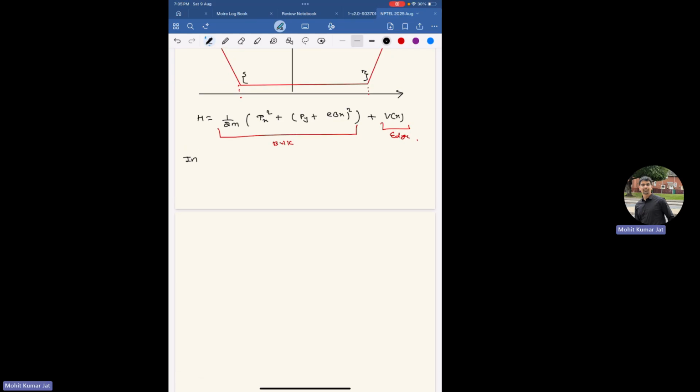So in the absence of the potential Vx, that is in the central region, basically from here to here, we know that the wave functions are Gaussian of width LB, where LB is the magnetic length, root h bar by eB.